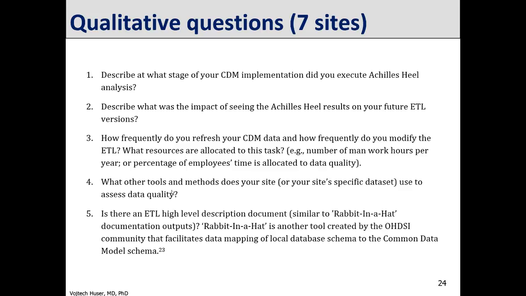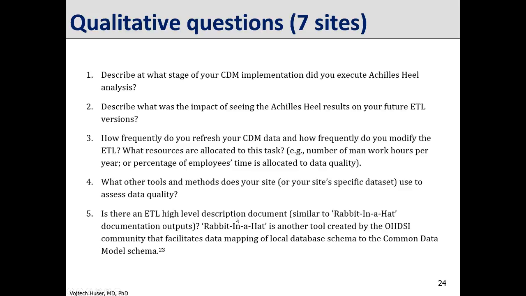At some sites we were not able to achieve that, and we communicated when it was not the case. The second question was, what was the impact of seeing the results on your ETL or next steps? How frequently do you update the data or perform data quality tasks, and what resources do you have available for that? Besides Achilles Heel, are there other tools that you utilize for data quality? And final questions asked about documentation.